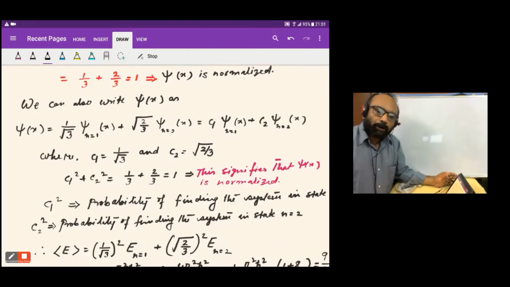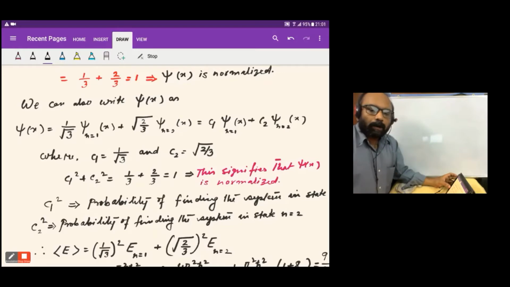Therefore, C1 square plus C2 square should give us 1. That again signifies that psi(x) is normalized. So either we can take the bracket dot product, or we can use C1 square plus C2 square equal to 1 to find out whether psi(x) is normalized or not.